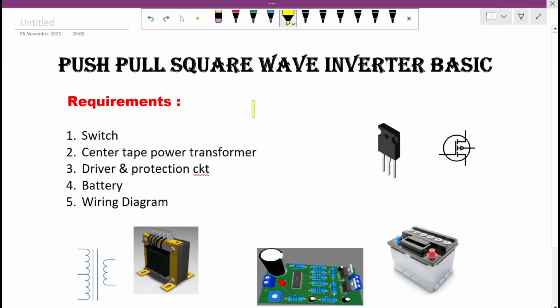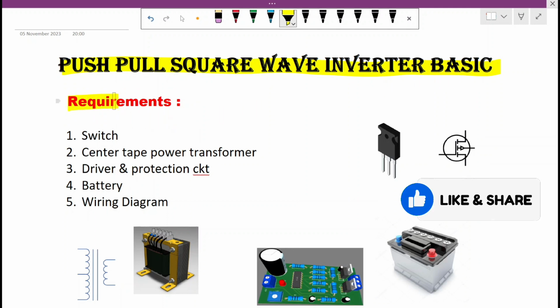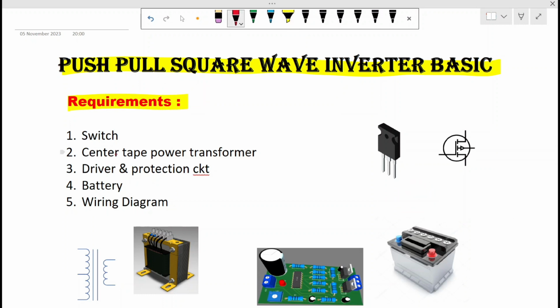Hello friends, in this video lecture we will discuss push-pull square wave inverter basics. So what are the requirements that we will understand first? We require a switch.